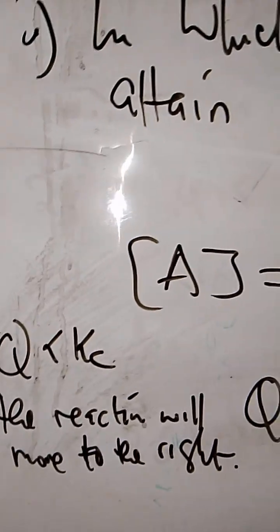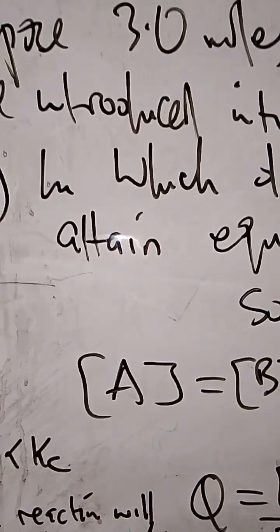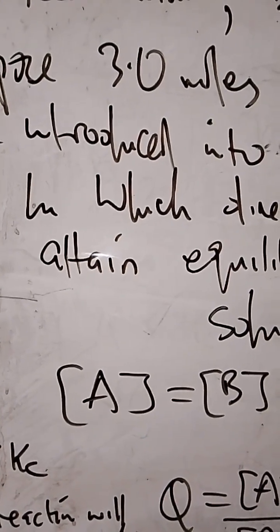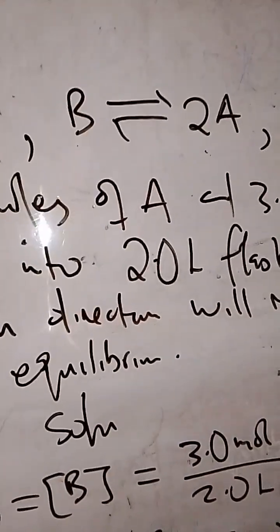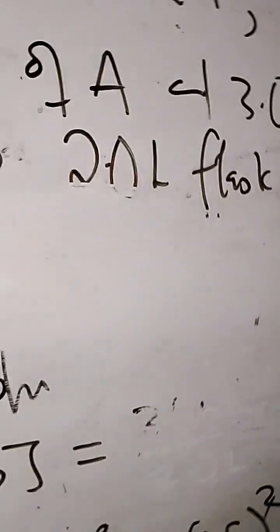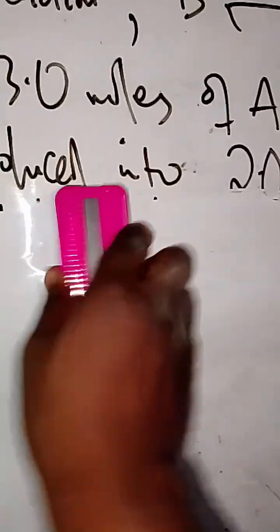Then now the second question is, will the concentration of B increase or decrease, or remain the same as the system attains equilibrium?